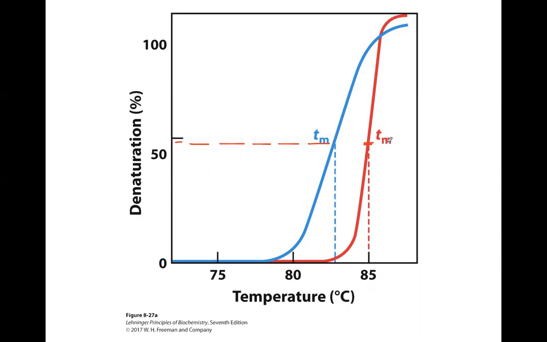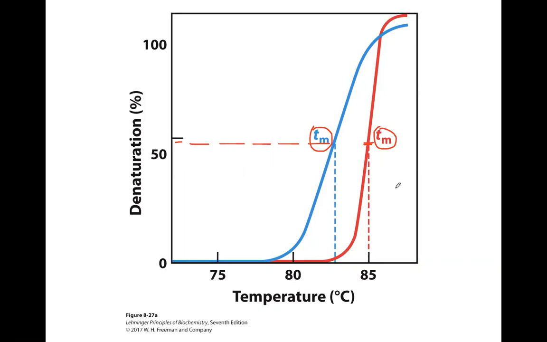So different fragments of DNA will have different Tms. Now let me ask you something. Two fragments of DNA, one is rich in GC base pairs, one is rich in AT base pairs. Which one will have a high Tm? GC, right?